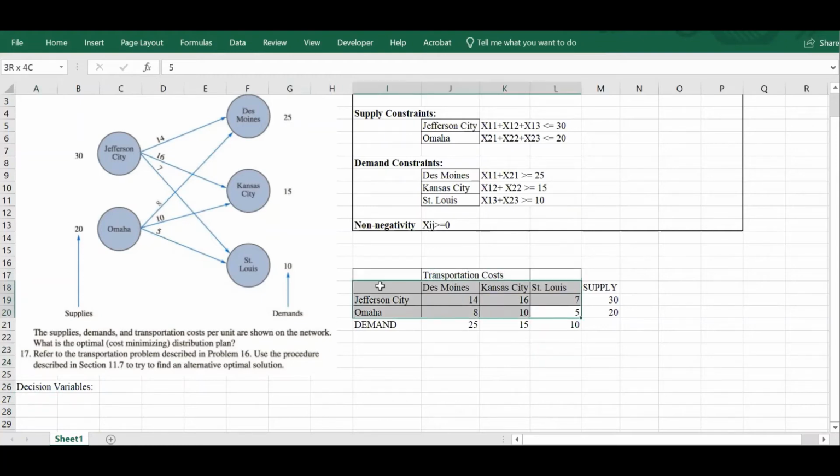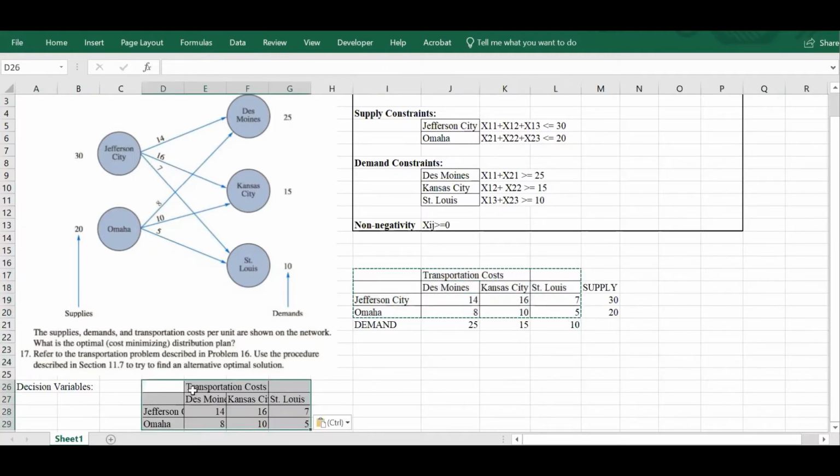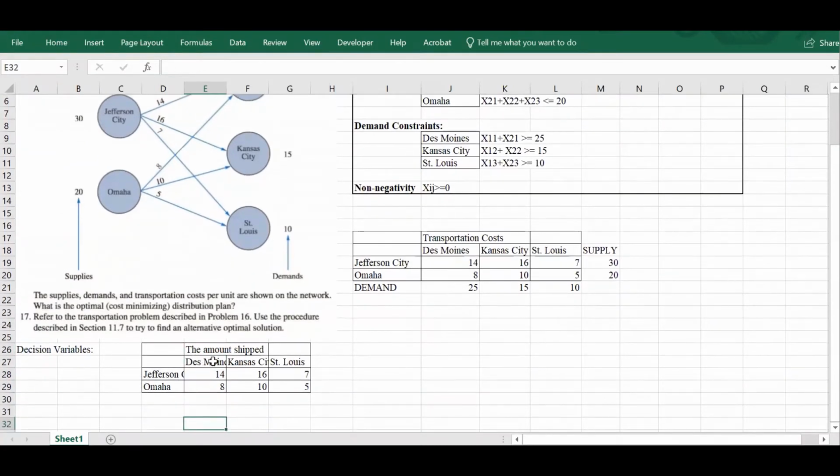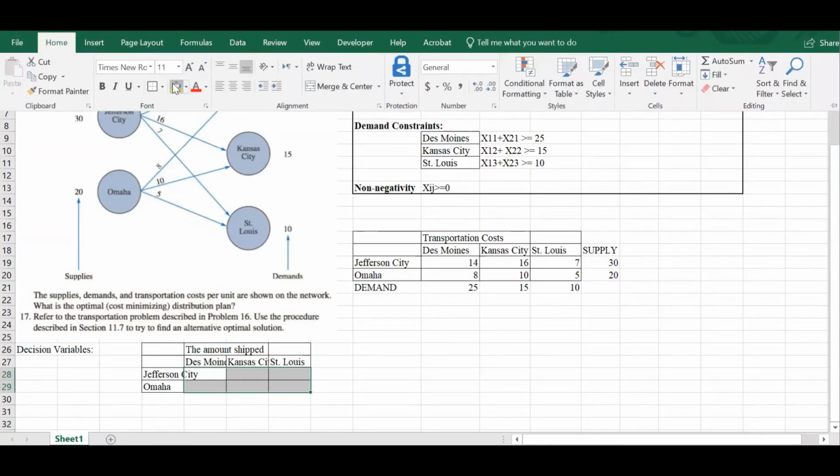So this will be the amount shipped from the supplier to the buyer, right? And that would be blank. So these are my decision variables, 6 of them, all right?